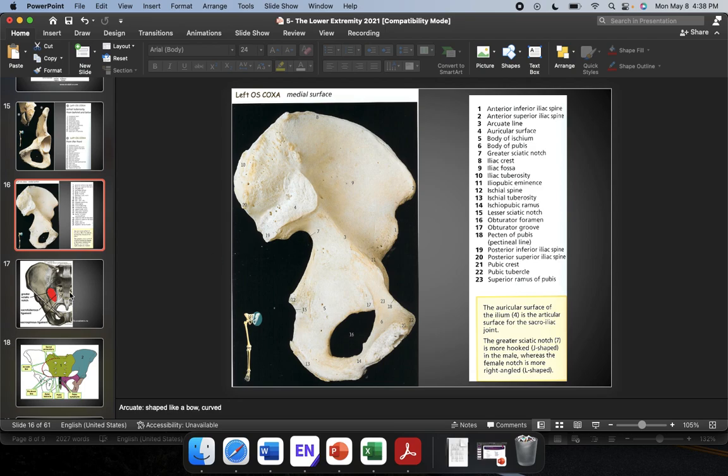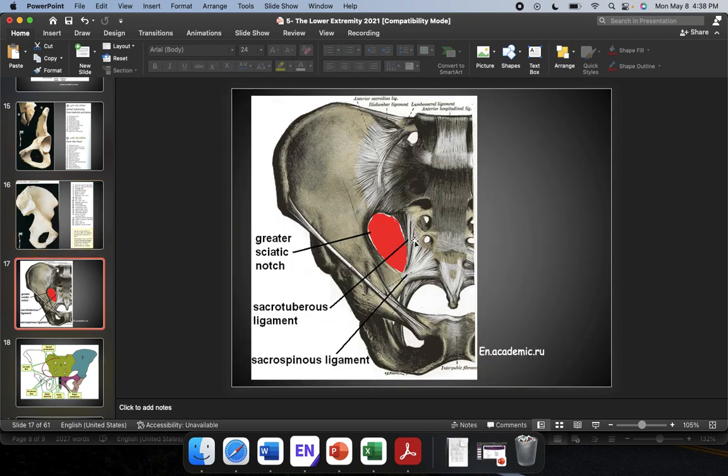But the greater sciatic notch, when we put it in conjunction with the sacrum, is going to form a very important space here that is further subdivided by some ligaments that you will see later when we get into muscles. You can see here that the greater sciatic notch truly makes a space through which things could pass as they travel through from the axial skeleton into the lower extremity.